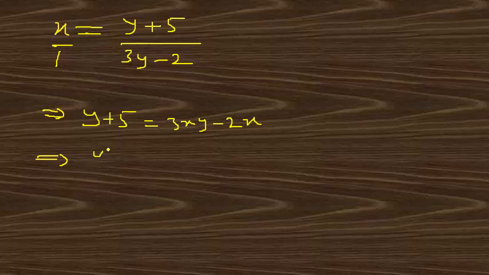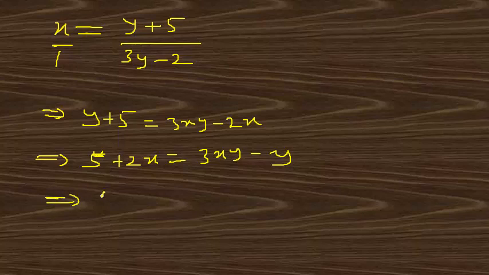So we have 3xy minus y equals 5 plus 2x.